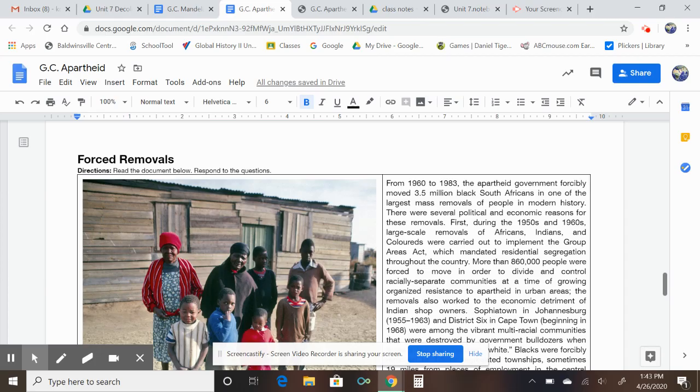First, during the 1950s and 1960s, large-scale removals of Africans, Indians, and coloreds were carried out to implement the Group Areas Act, which maintained residential segregation throughout the country. More than 860,000 people were forced to move in order to divide and control racially separate communities at a time of growing organized resistance to apartheid in urban areas. The removals also worked to the economic detriment of Indian shopkeepers.